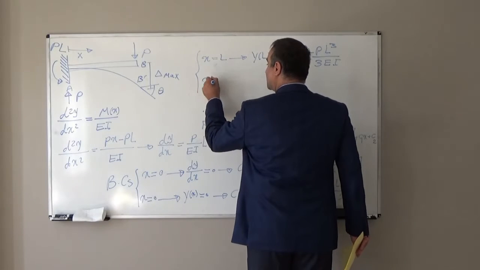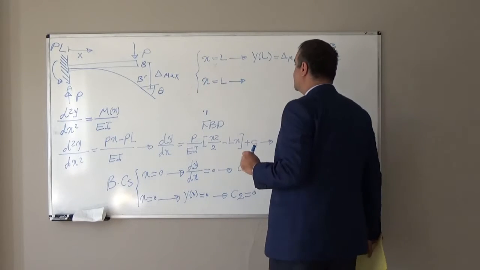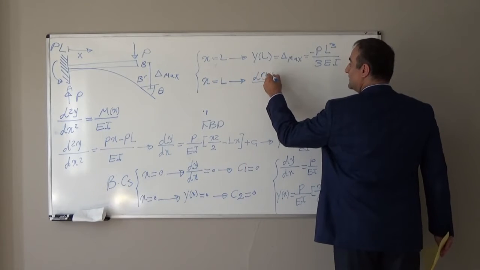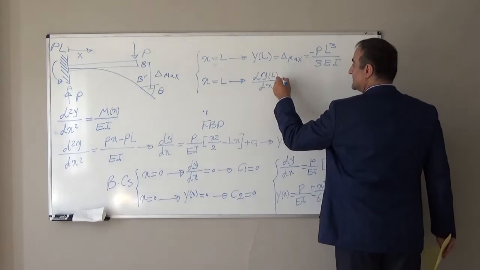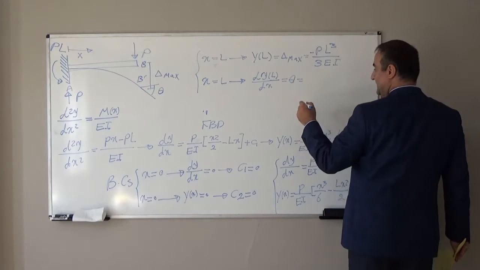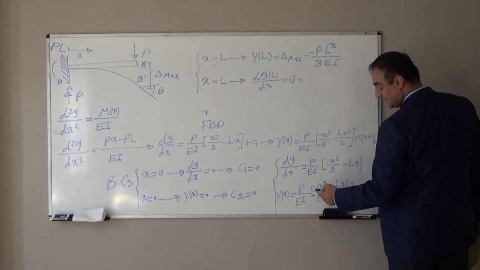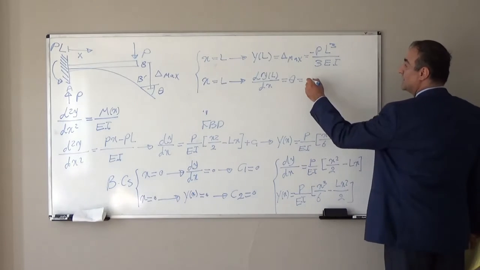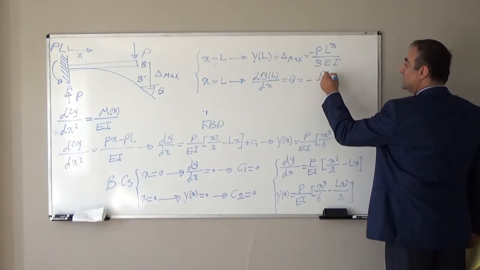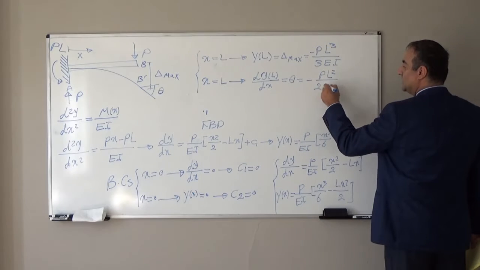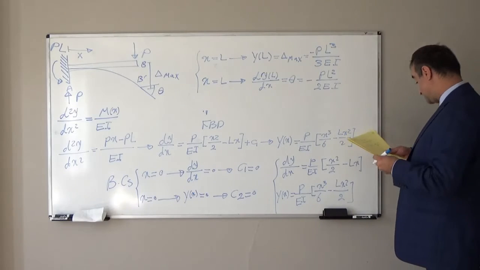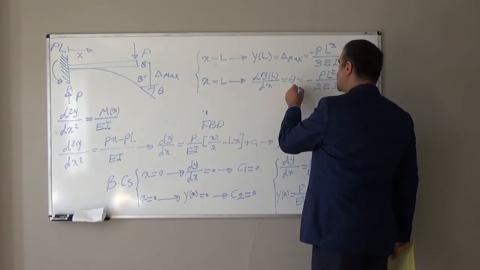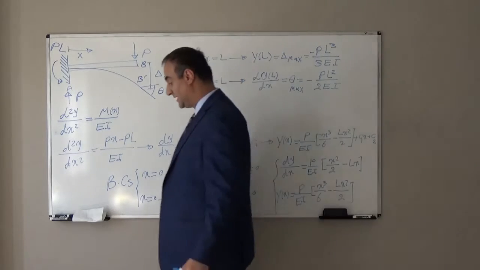Again, at that point x is equal to L, so we should find dy over dx at L, which is equal to theta. Plug in L instead of x in this equation. You will end up with minus PL squared over 2EI. So this will be the maximum deformation and the maximum slope, or slope at the free end.